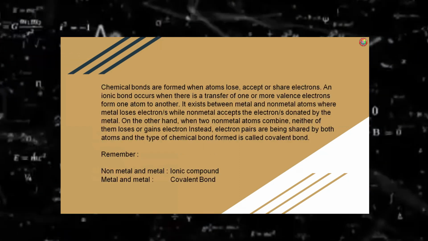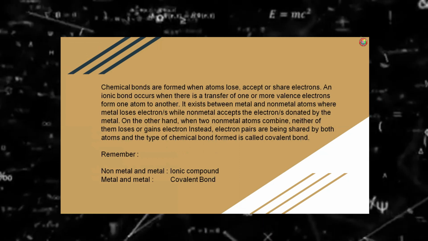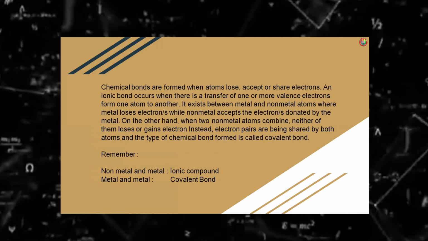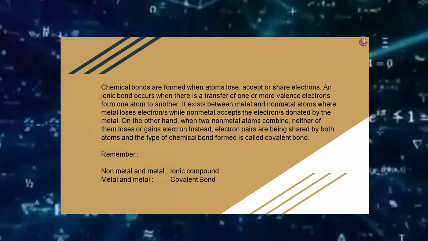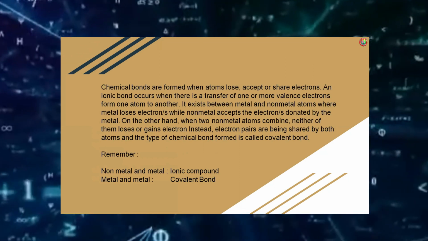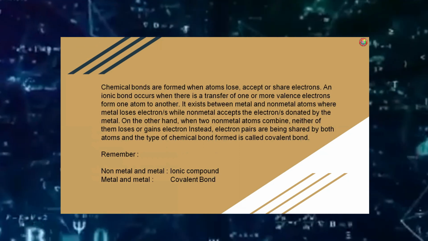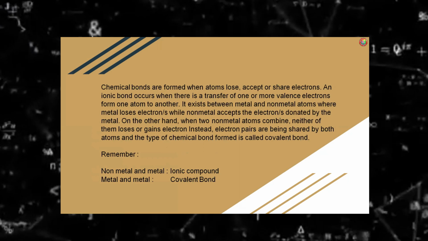Chemical bonds are formed when atoms lose, accept, or share electrons. An ionic bond occurs when there is a transfer of one or more valence electrons from one atom to another. It exists between metal and nonmetal atoms, where the metal loses electron or electrons, while the nonmetal accepts the electron or electrons donated by the metal.